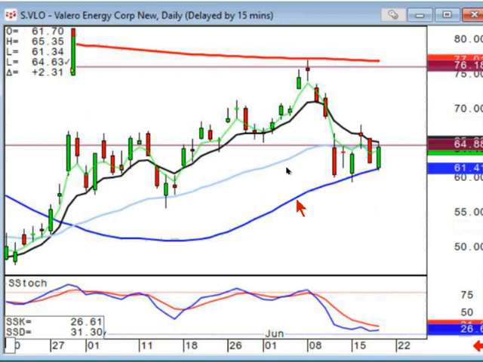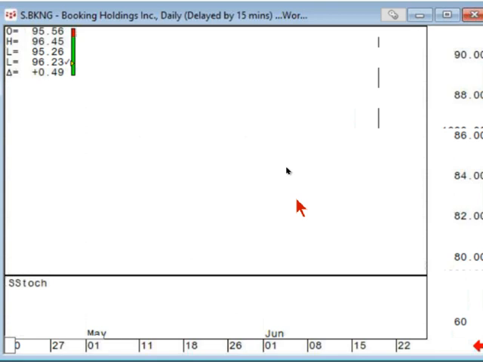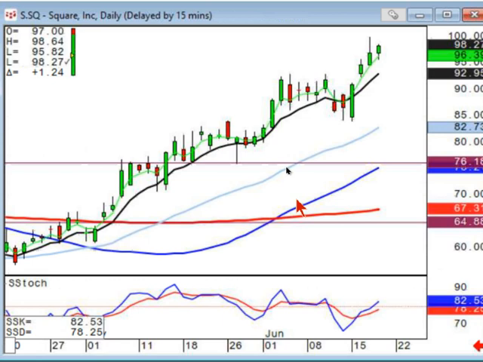I wouldn't be short, but I wouldn't be going long until it comes up through the T line. ABBV, you just stay long on this one as long as it stays above the T line. Booking, right now I wouldn't be long. If you're short, you stay short, but you use the T line as your stop. It shouldn't come back up through that level.